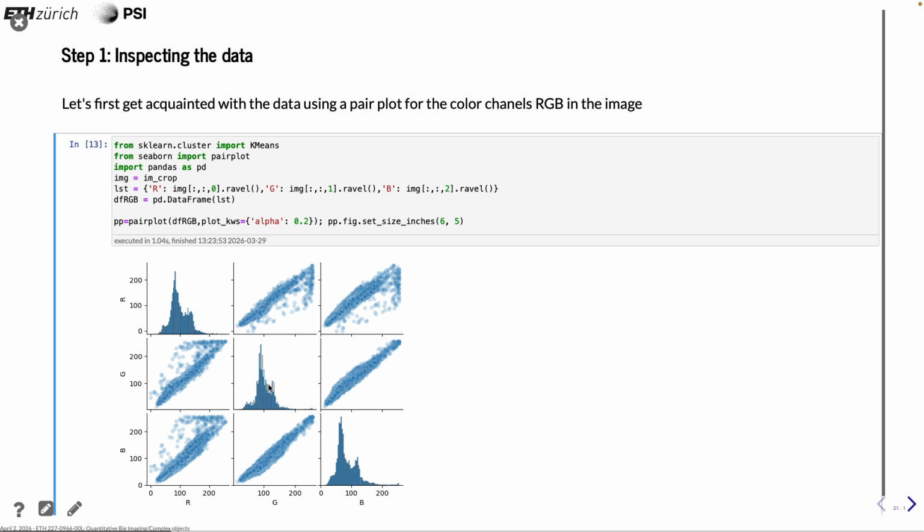I don't really see it, but there is something very bright coming out here in the blue channel, and also in the green channel actually. But that's not enough really to tell. So let's do something else.